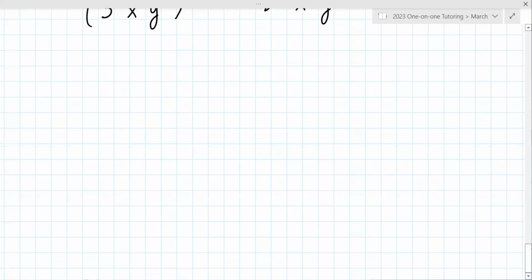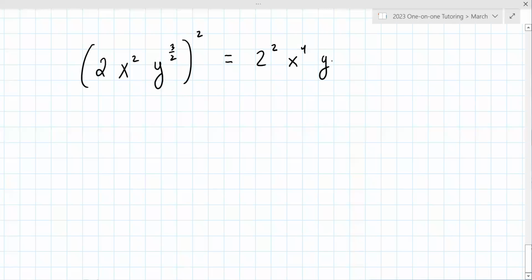All right, so let's try another one here. Let's go 2x squared y to the 3/2 power squared. That would be 2 to the squared, x to the 4th, and then y to the 6/4.